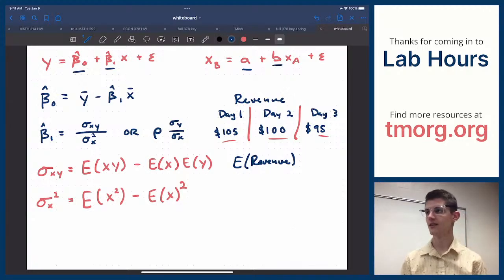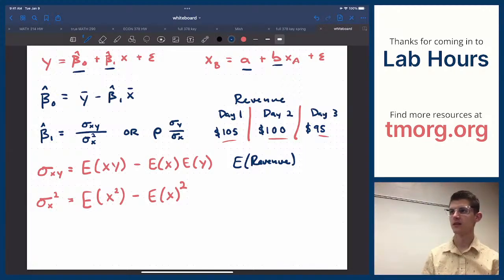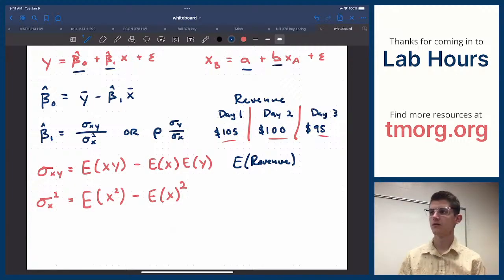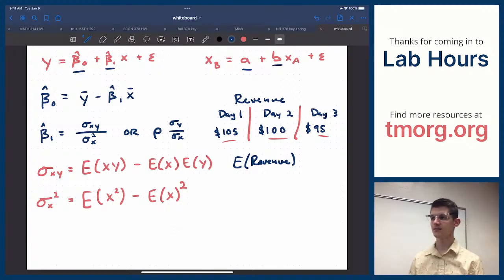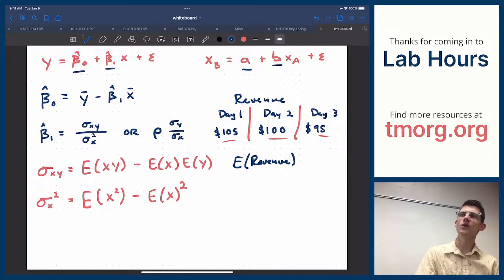Hit me, Jed. Why do we use variance when it seems like standard deviation is much more useful? Do you just mean in that definition of rho squared that I gave you, or in general? Just in general, it seems like variance is very vague and undefined, but standard deviation is very. Standard deviation is also pretty vague and undefined. The best thing we have for standard deviation is that most of your observations are going to fall within plus or minus 2 standard deviations of the average, which if you think about it doesn't really tell you that much about what a standard deviation is.